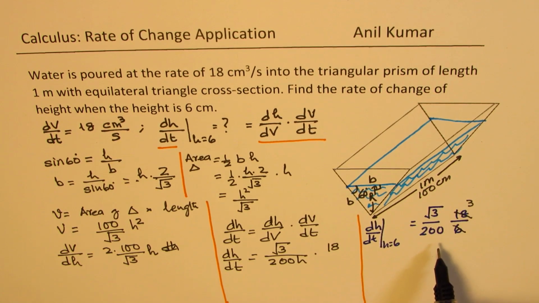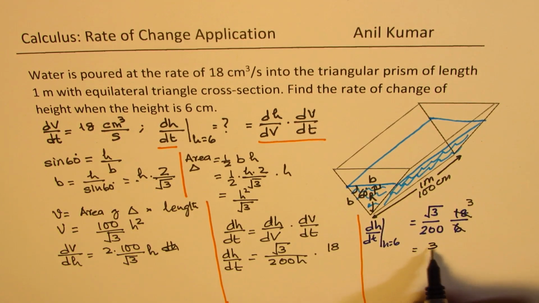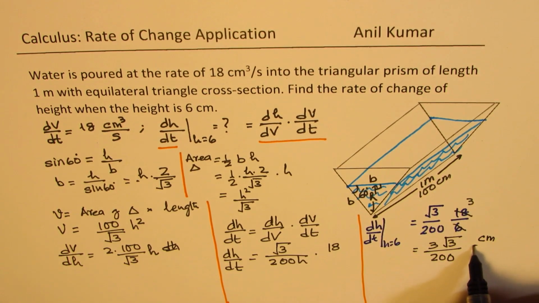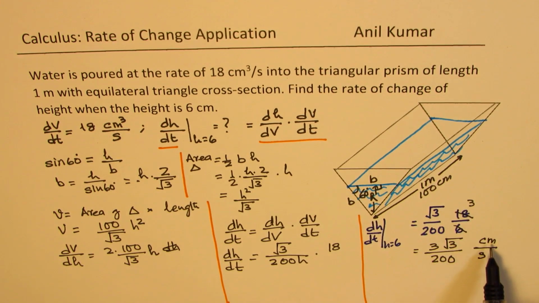So we get 3 square root 3 over 200 as our answer. Height is in centimeters and time is in seconds. So we get 3 square root 3 over 200 centimeter per second as our answer.